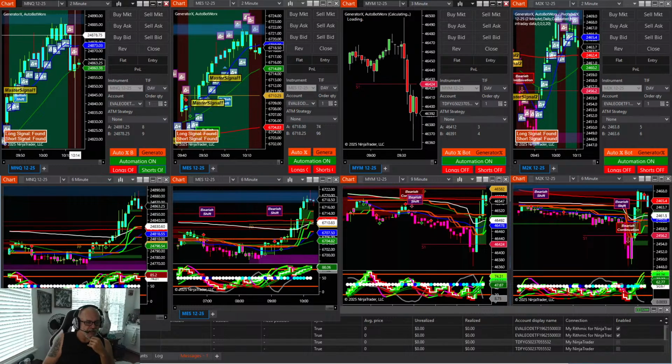On the higher time frame, we could possibly consolidate up here as well, waiting for the 9 and the 21 to catch up a little bit. So we'll have to take that into consideration as well.